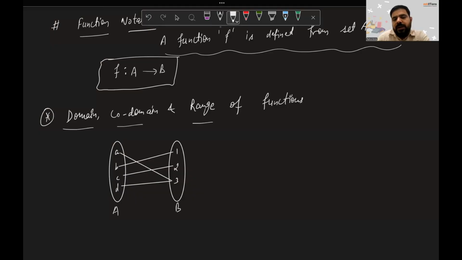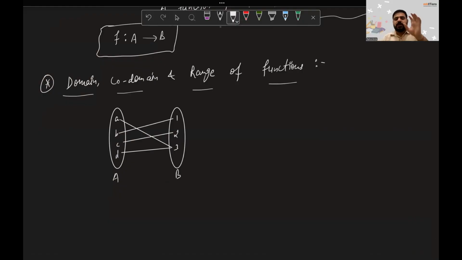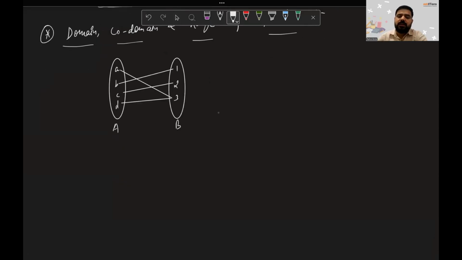This is somewhat similar to the relation that we studied. One slight change is that in a relation, there might be some elements left in the first set, but in a function, we will not leave anything behind. Everything will be mapped to one thing or the other.